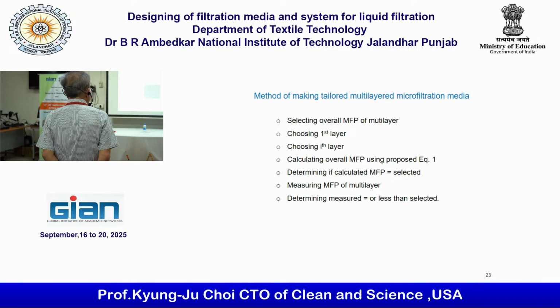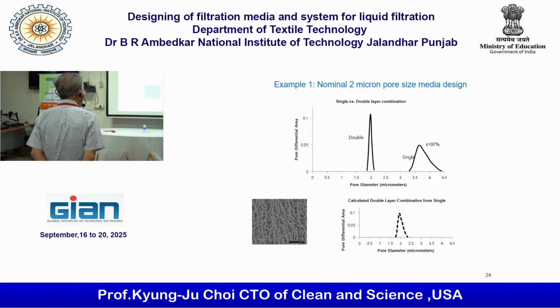this is the actual result. Single layer pore size distribution is like this, and the porosity is 97%. Then if you do the double layer, it's like that, about 2. Once you use the equation up there, it looks like that.